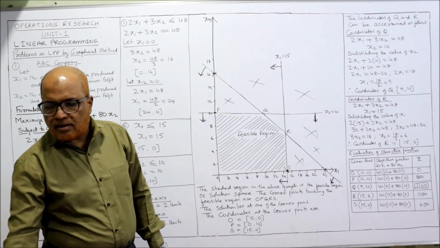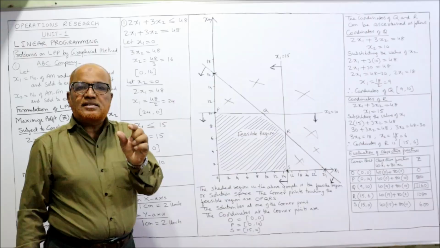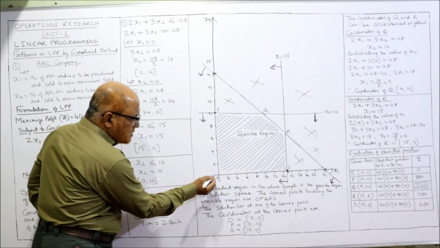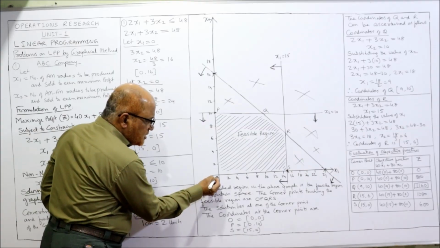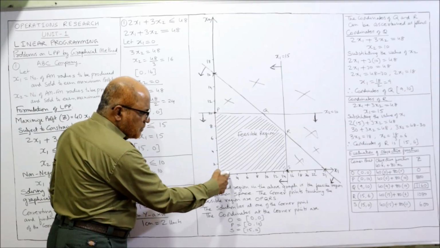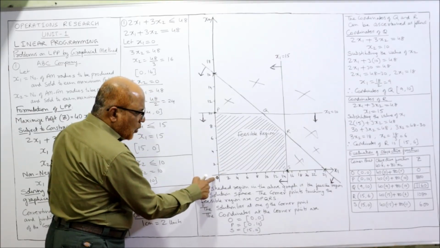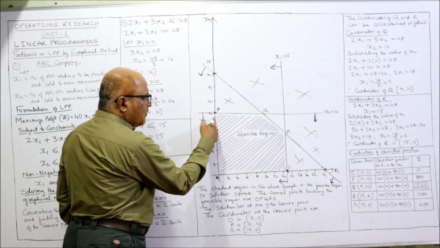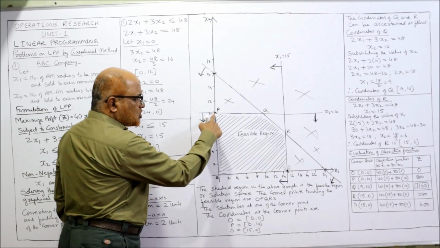Now see which points intersect or touch the feasible region. One point is O, the origin, where this feasible region touches. Then P, the point where the feasible region touches.